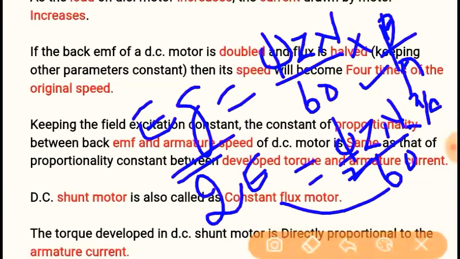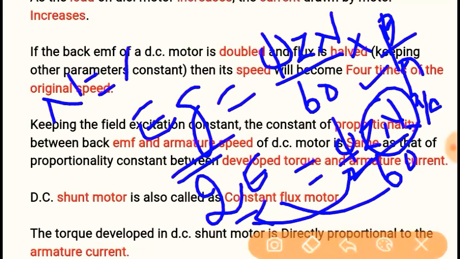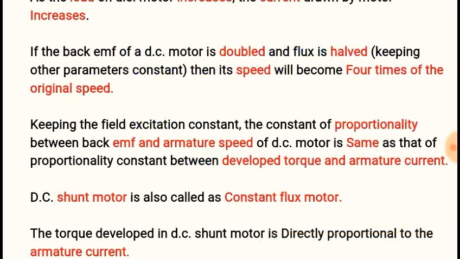If you take only the N value, 2 is multiplied by 2, so it becomes 4, with everything else as it is. So what is the answer? It is 4 times the original speed.